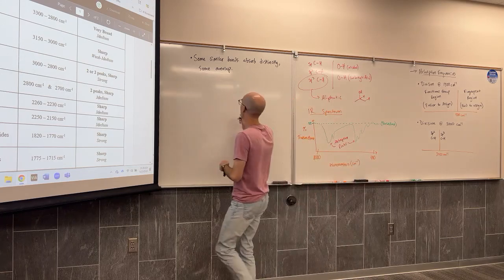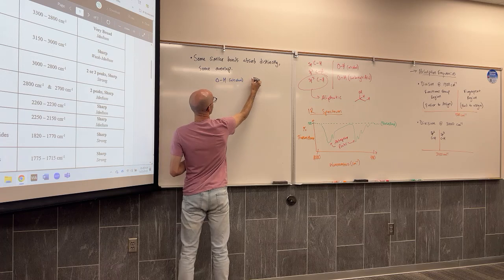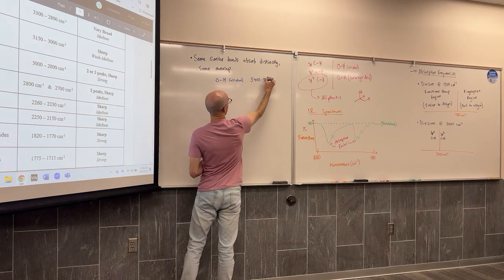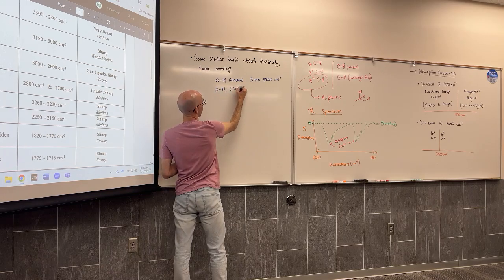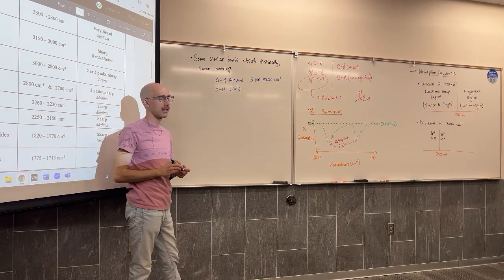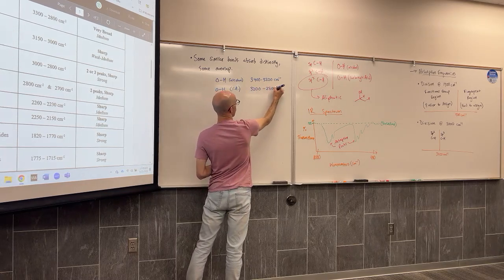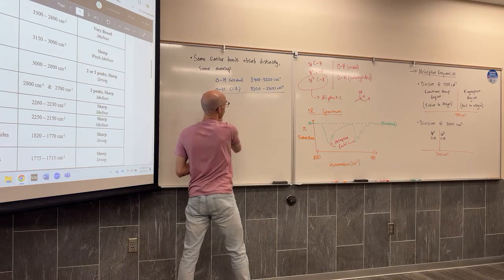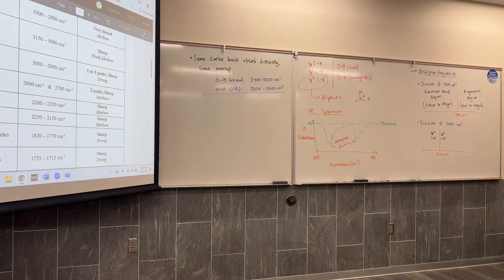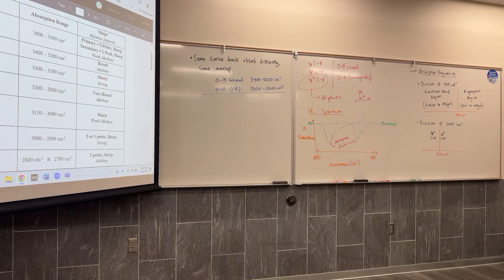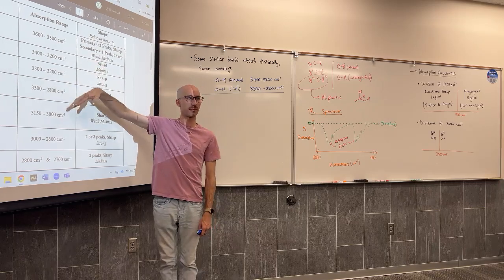The OH bond of an alcohol absorbs between 3,400 and 3,200 wave numbers. And the OH of a carboxylic acid absorbs between 3,200 and 2,800 wave numbers. It's a similar bond, not the same functional group, but they're both OH bonds. And they show up in different frequencies.